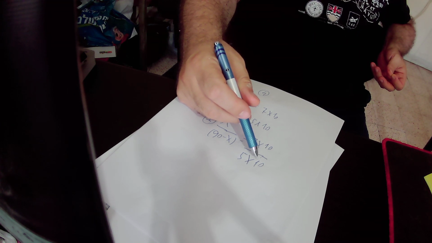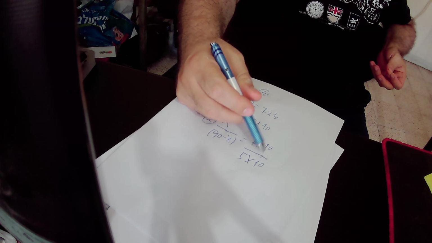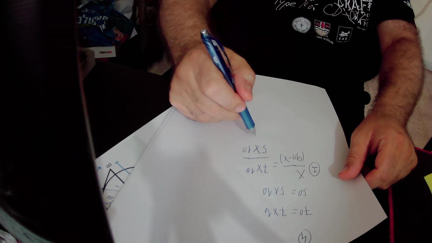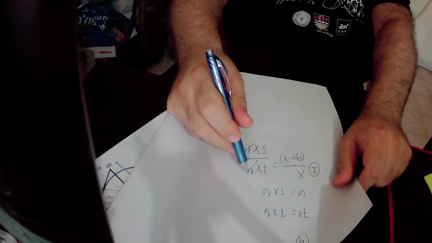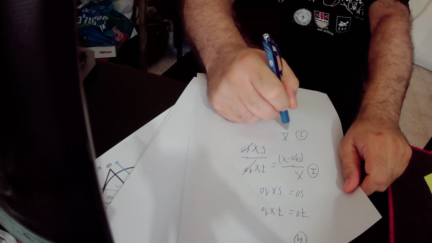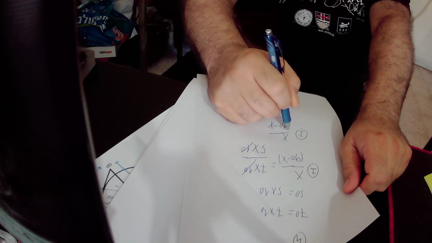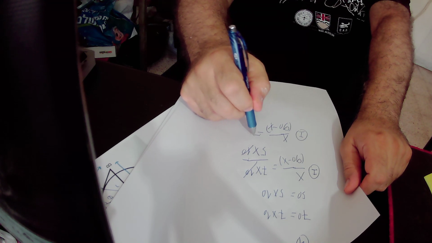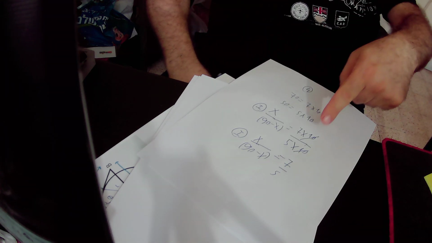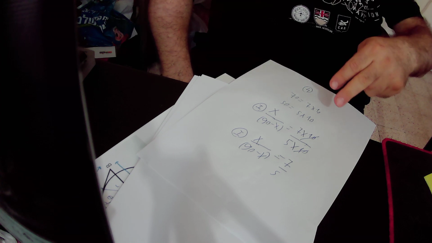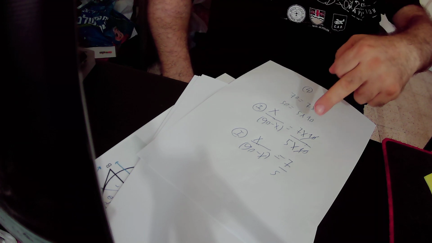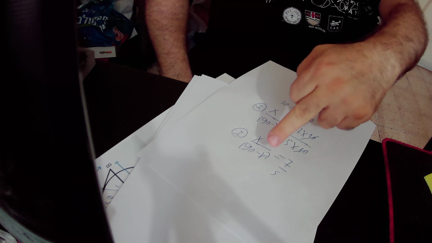Okay, after we cancel 10 in the numerator and denominator, we will get that X over 90 minus X equals 7 over 5.